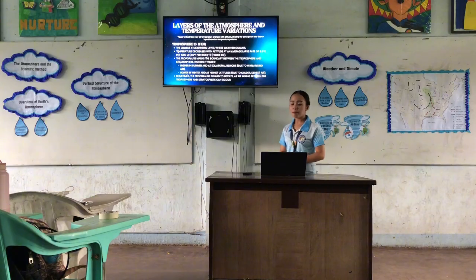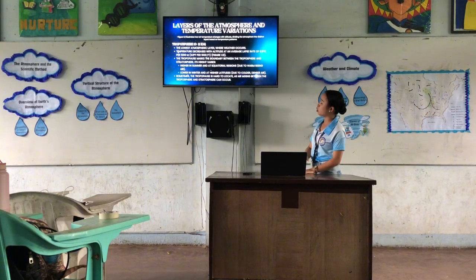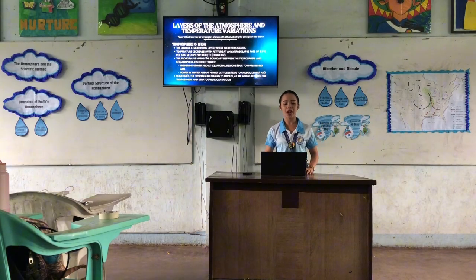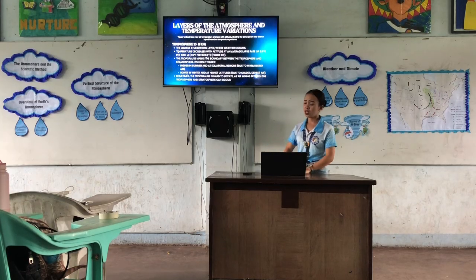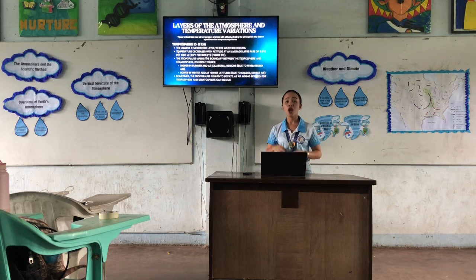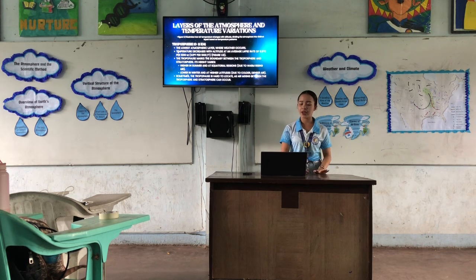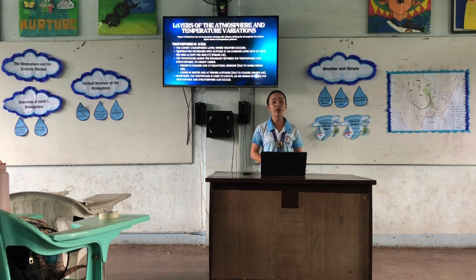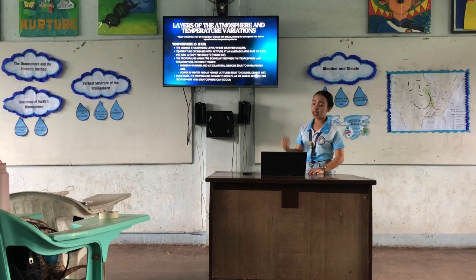The tropopause marks the boundary between the troposphere and stratosphere, and its height varies. It is higher in summer and at equatorial regions due to warm rising air, and lower in winter and at higher latitudes due to colder and denser air.